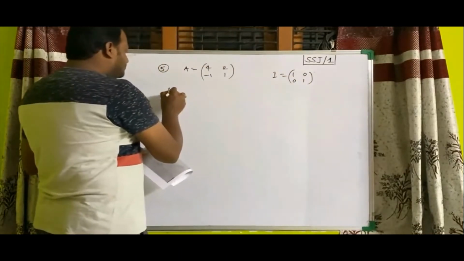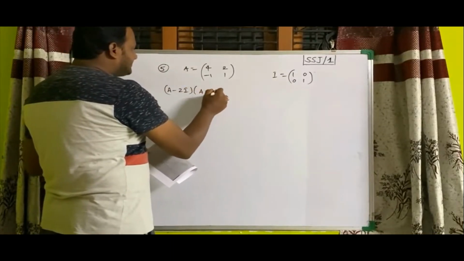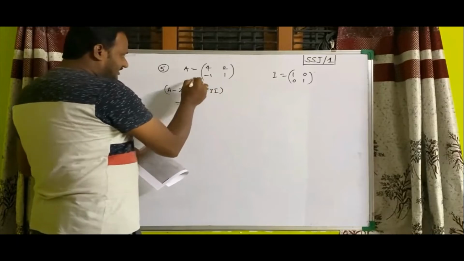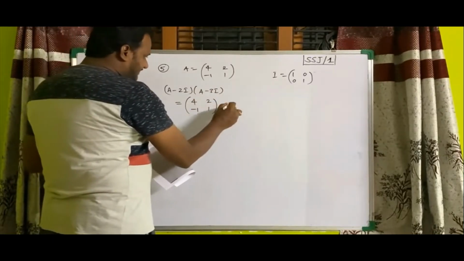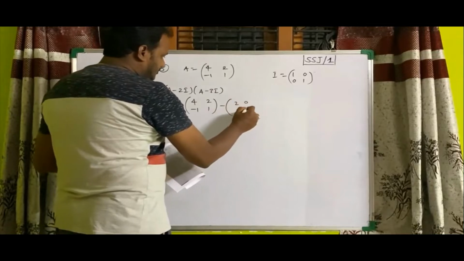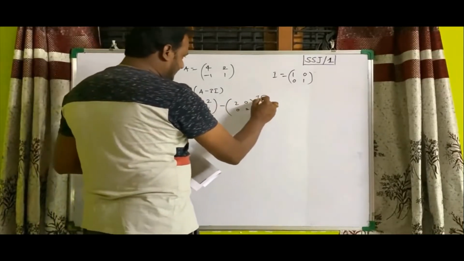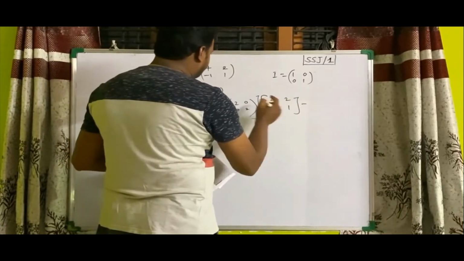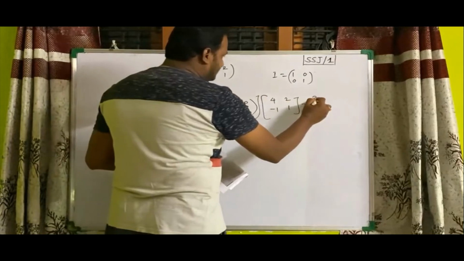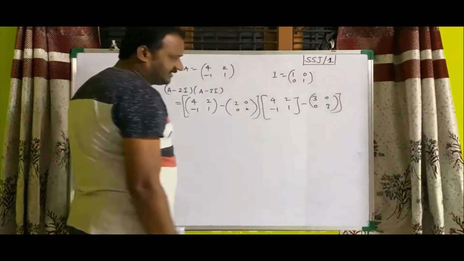So A minus 2I into A minus 3I is going to be: A is [4, 2; -1, 1], minus 2I means [2, 0; 0, 2]. So this is one matrix, and the other matrix is [4, 2; -1, 1] minus 3I, and 3I means [3, 0; 0, 3]. Right. So this is another matrix.